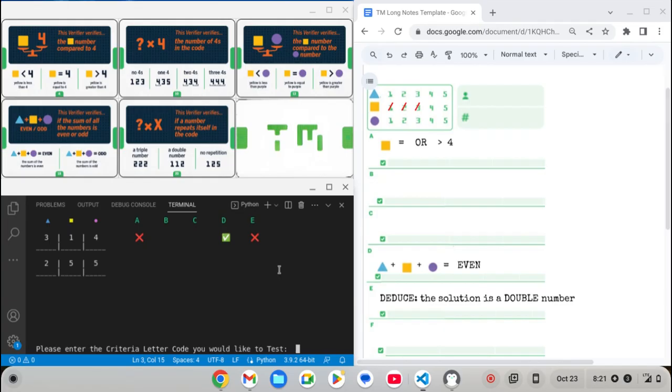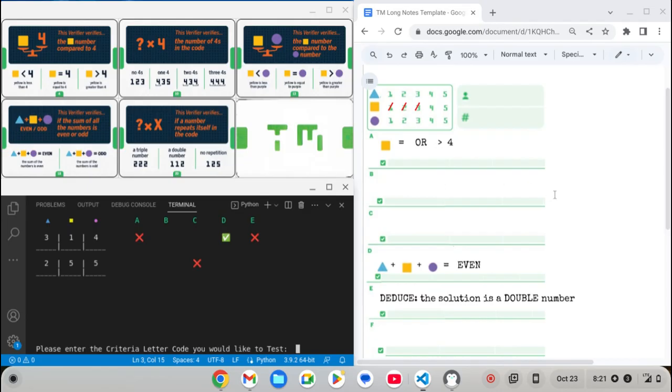Okay, well, let's go ahead and test criteria card C, comparing square and circle. Okay, it is not the case that they are equal.